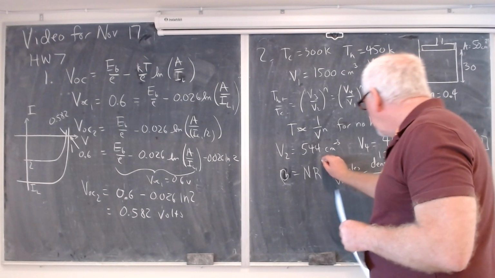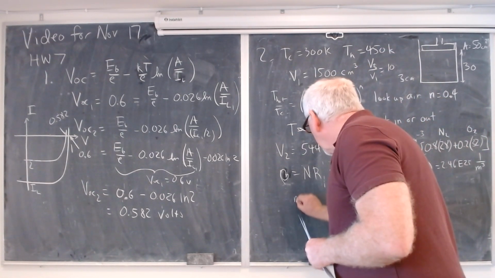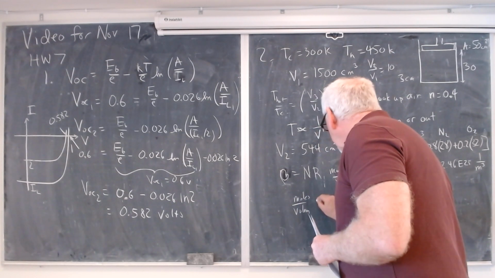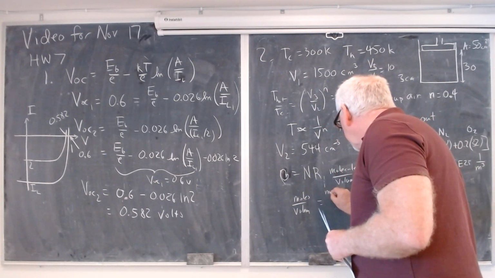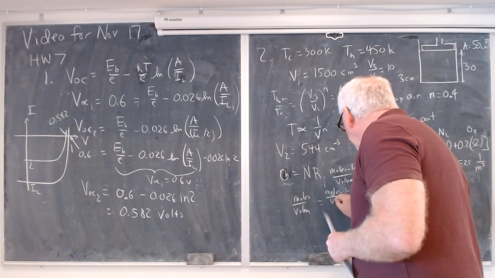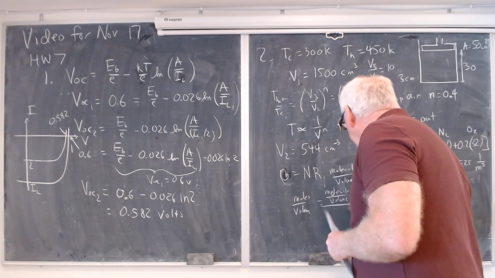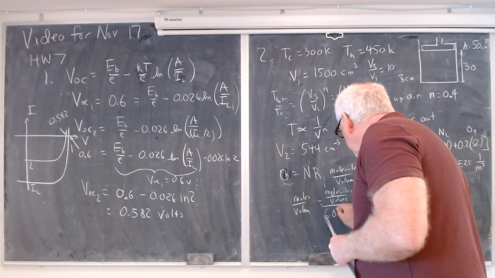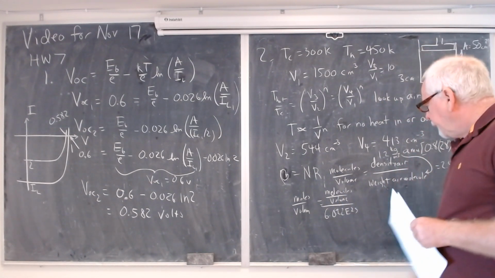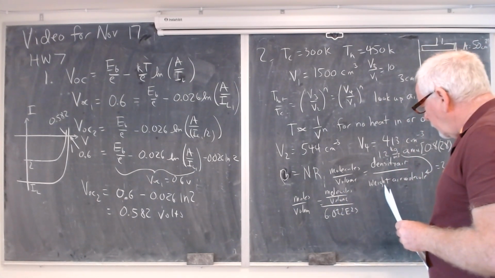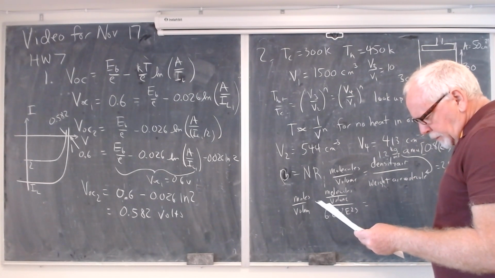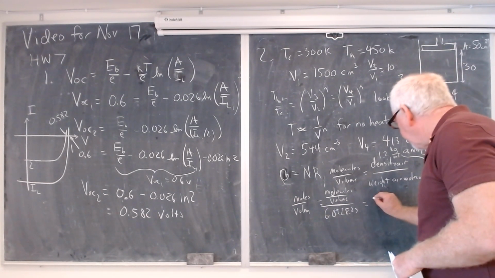So then the moles per unit volume is equal to the molecules per unit volume divided by Avogadro's number, 6.022 e to the 23rd. And so it works out to basically for air that it's 40.8.